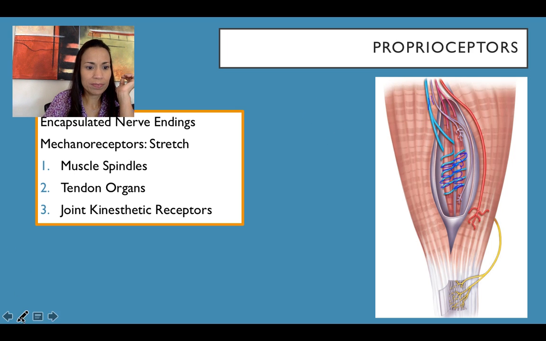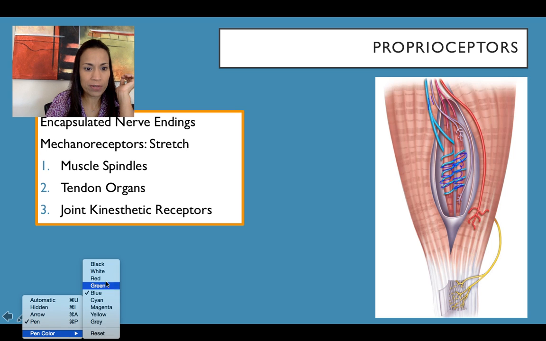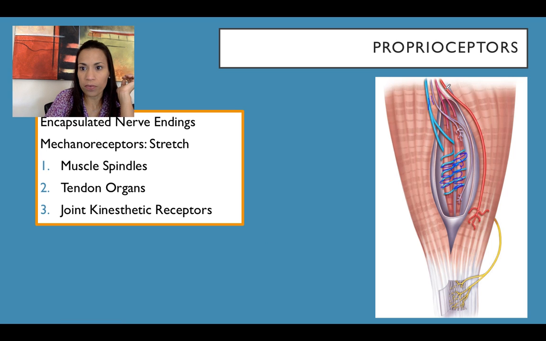The other type of fibers in here are in red. These are efferent fibers. So these are coming from somewhere in the central nervous system, spinal cord or the brain, and they are going to bring a motor command to this effector, which is the skeletal muscle.